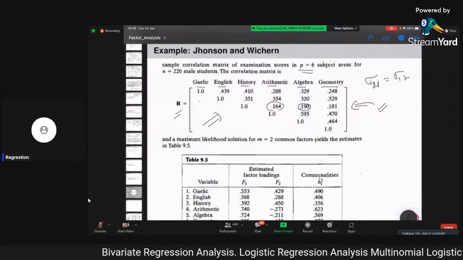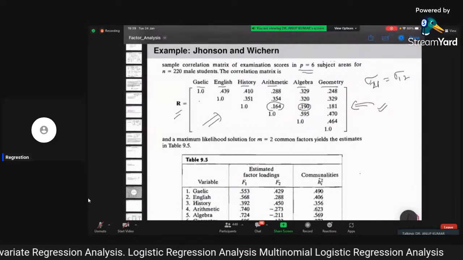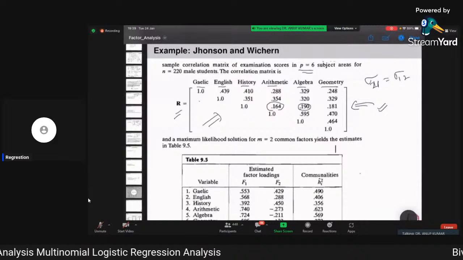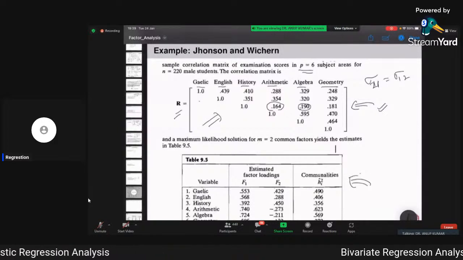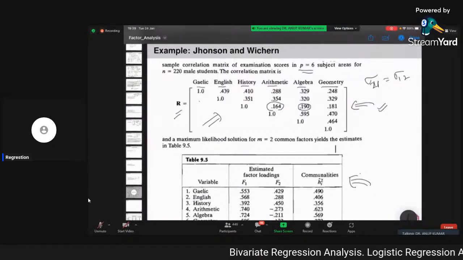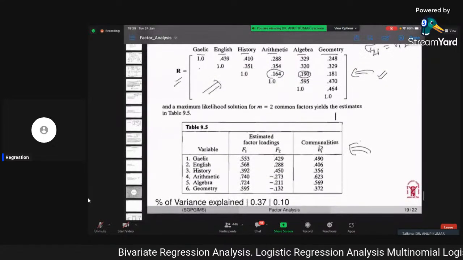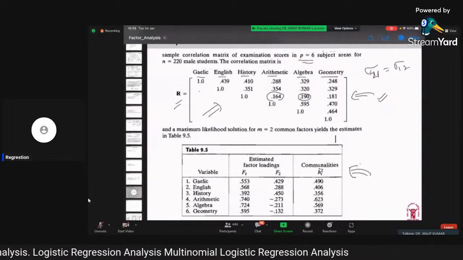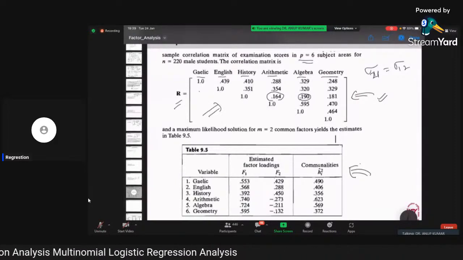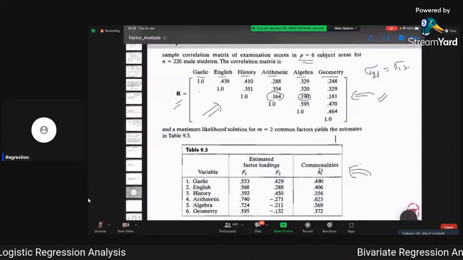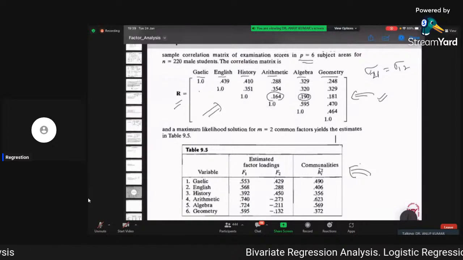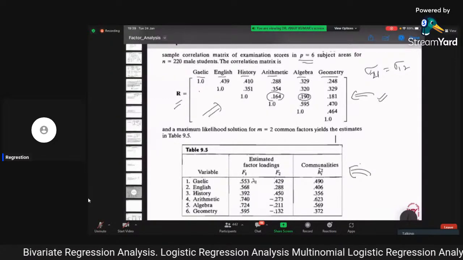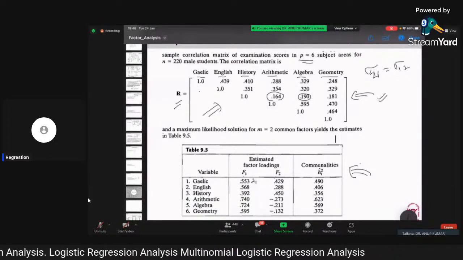Now we did this on the software and found the factor loadings that I told you about. This is lambda 11. There are 2 factors, F1 and F2, and this shows how much factor 1 is contributing to Gaelic.